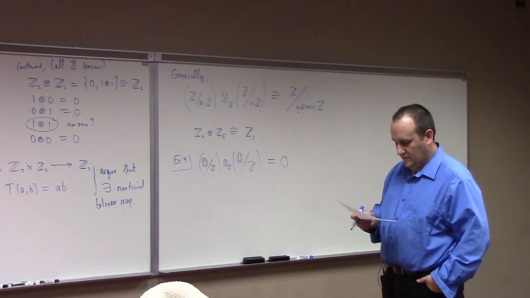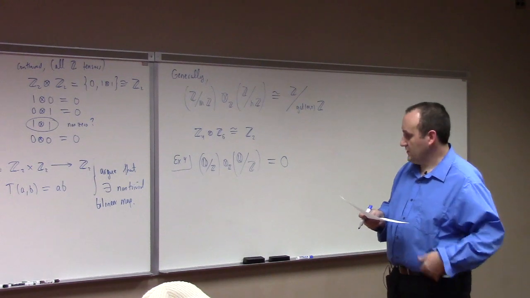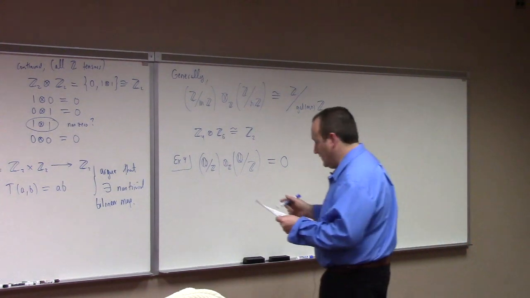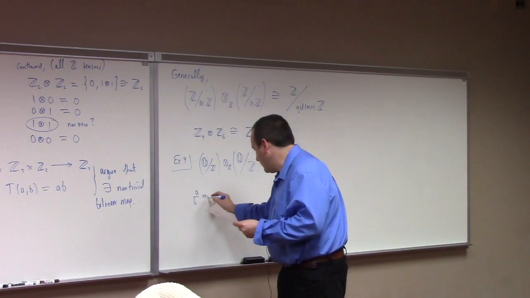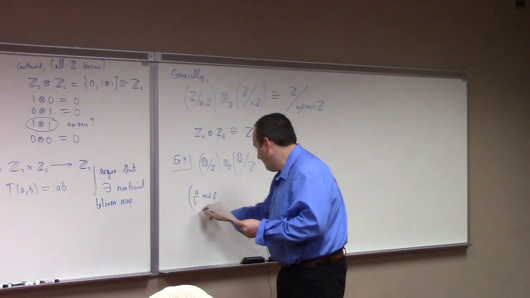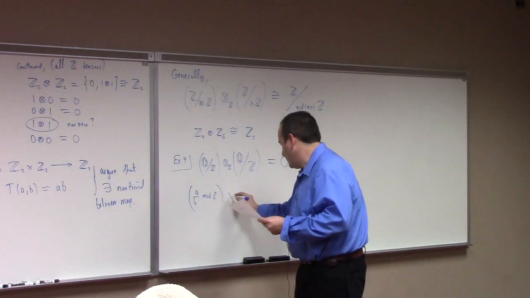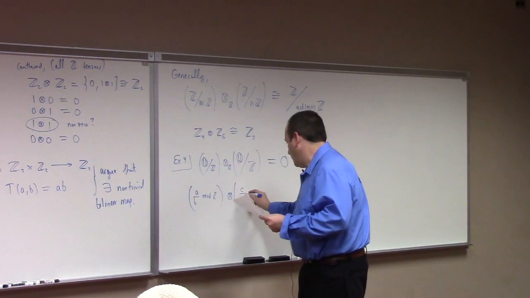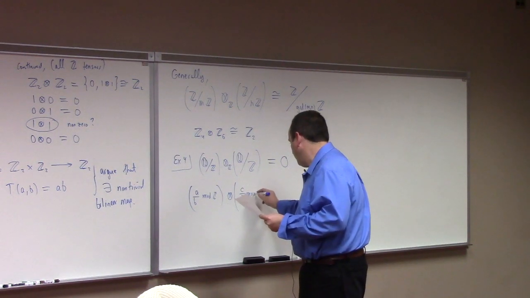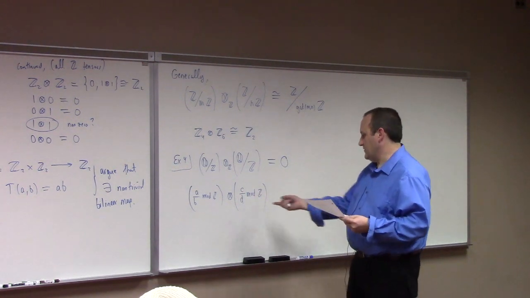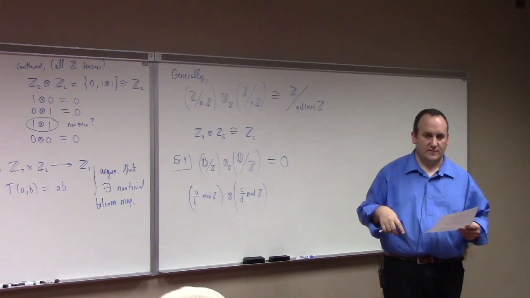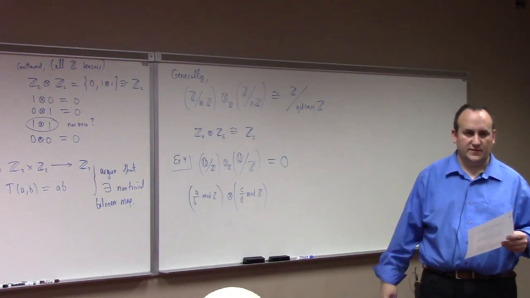I can go through the calculation. So we take a over b mod Z tensor with c over d mod Z. He's using this notation for equivalence classes of rational numbers mod the integers.